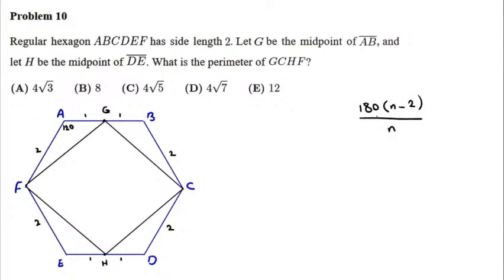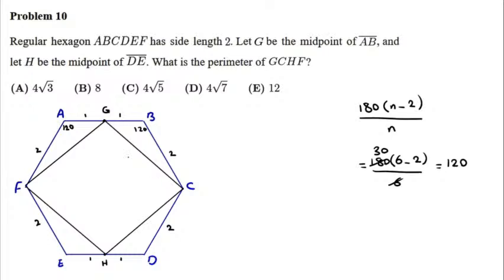For a regular polygon, you divide by n. So for 6, it will be 180 times 6 minus 2 over 6. It will be 30 times 4, 120 degrees. And 1, 2. And all these triangles here, we have this one, this one, this one, this one. By two sides and an angle between, they are congruent.